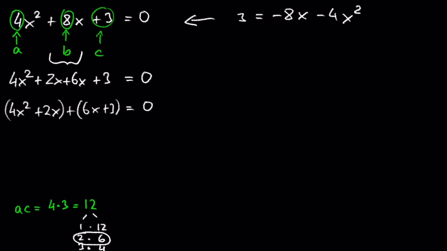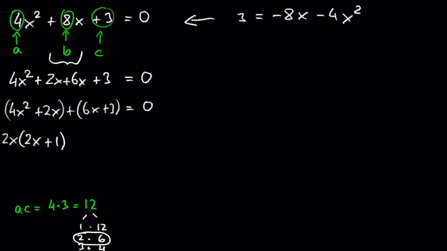Now ask yourself, what do these two terms in the first parentheses have in common? In other words, we're going to factor out their greatest common factor. We see immediately that 2x is in 4x squared and in 2x. When I divide these two terms by 2x, we get 2x plus 1.